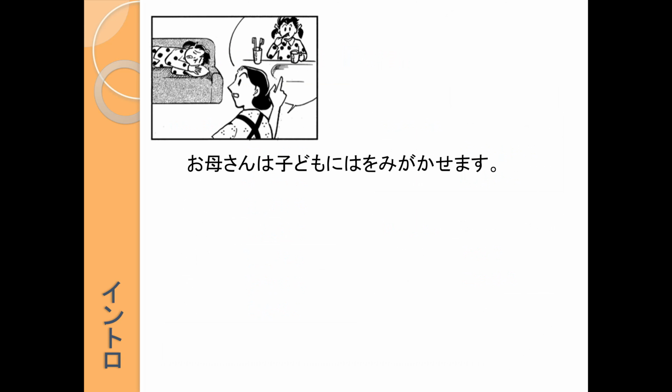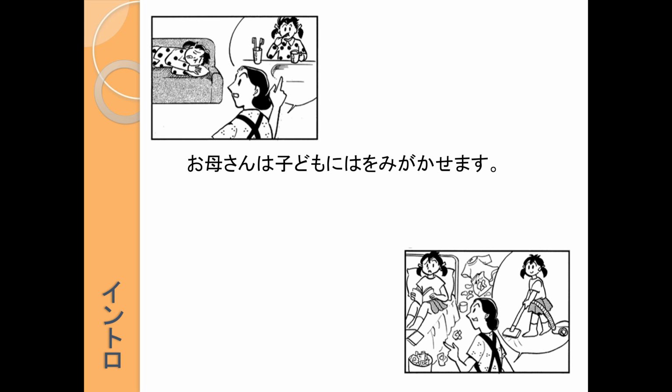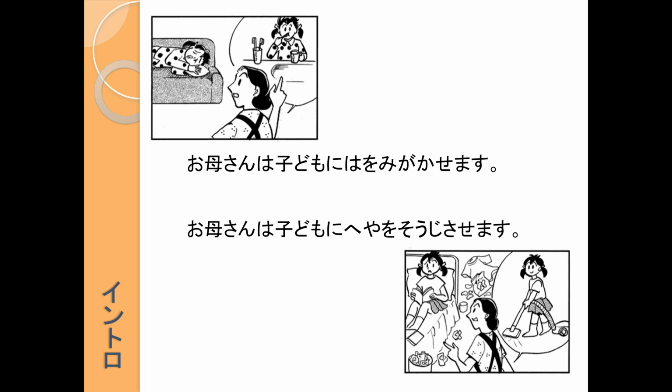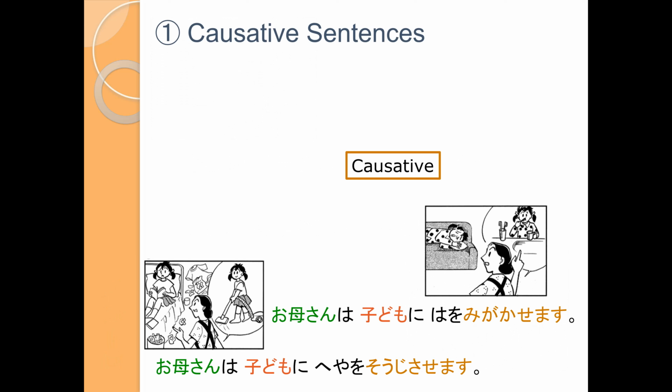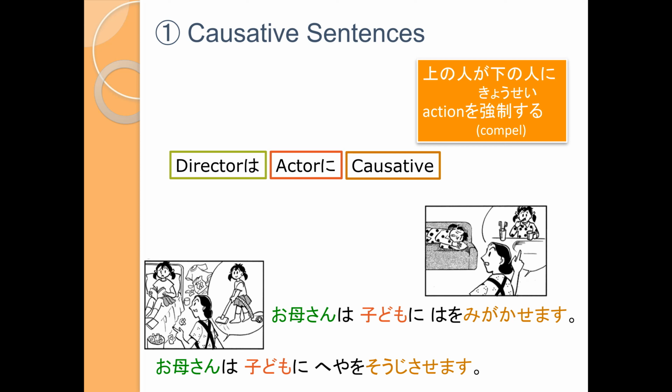So, お母さんですね。お母さんは子供に歯を磨かせます。お母さんは子供に部屋を掃除させます。So, causative sentences, we have director wa, actor ni, causative verb o sasemasu.